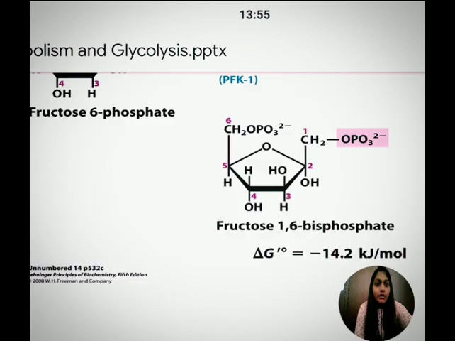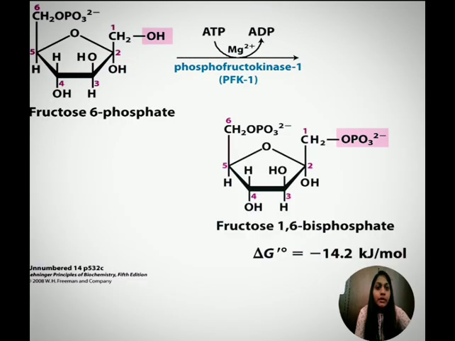Next, fructose 6-phosphate is converted to fructose 1,6-bisphosphate. Now what happens? Now ketose to ketose. There is no conversion of aldo-keto, nothing like that. Fructose 6-phosphate already has a phosphate group at the 6th carbon position. Now one more phosphoryl group is added at its 1st carbon position.